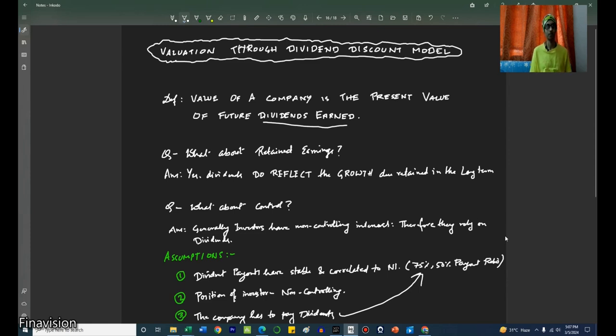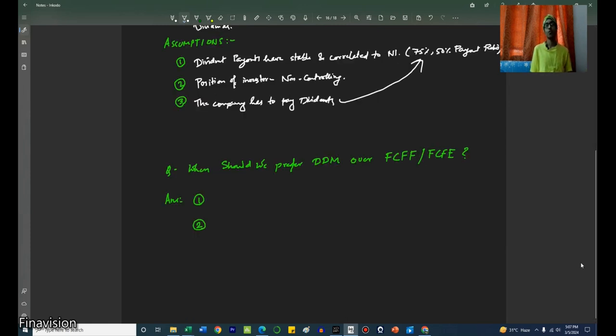Now friends, to value a company, there are majorly three ways of valuation that are being used. One is the dividend discount model, which we will be discussing in this chapter. The second is the free cash flow model, free cash flow to equity or free cash flow to the firm. Another way is residual income.